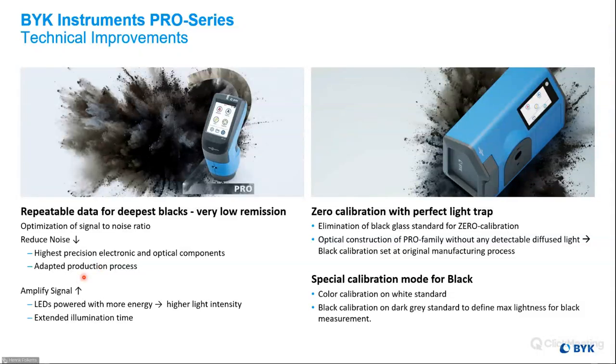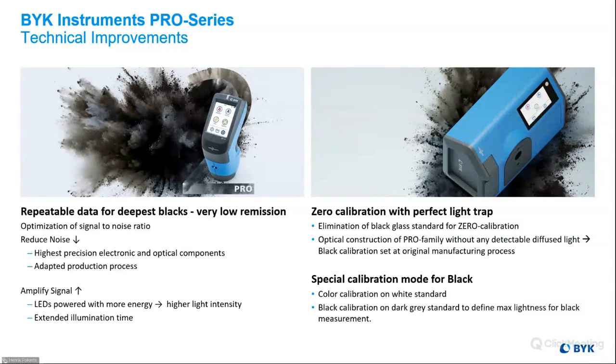So to increase the signal to noise ratio, to reduce the noise, you need an adapted production process, and you need other electronic components. You need high power LED, and you need an extended illumination time.